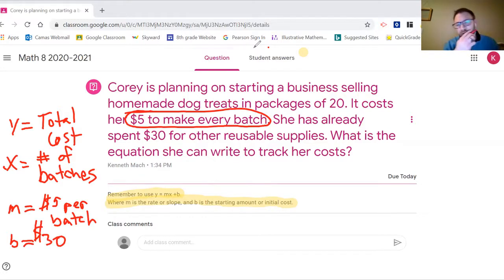So now all I have to do is put all that into the equation. So the equation that Corey can use is y equals 5x plus 30, which is pretty great. Because here's what you can use that for.